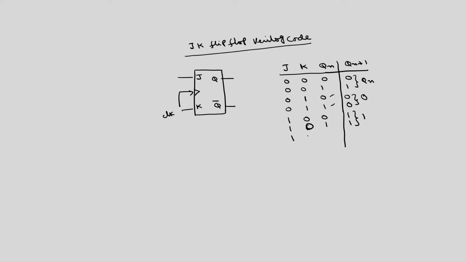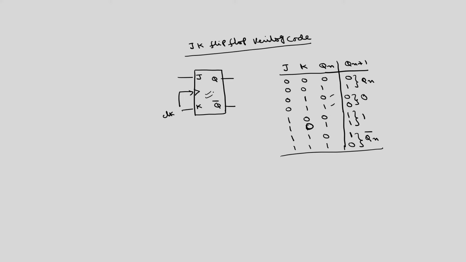For J is 1, K is 1, the present state will be the complement of the previous state, Qn bar. This is for the master slave JK flip flop. We have already derived this table and discussed the internal circuitry of this JK flip flop.